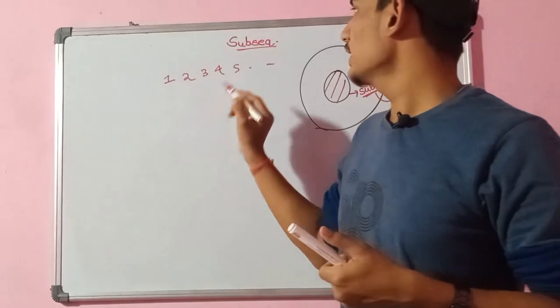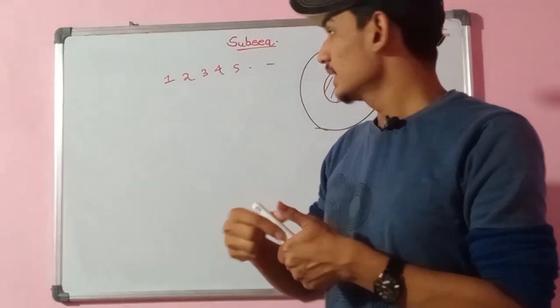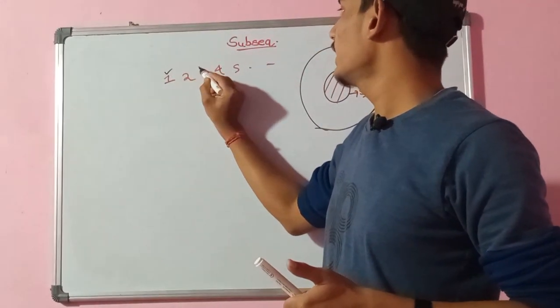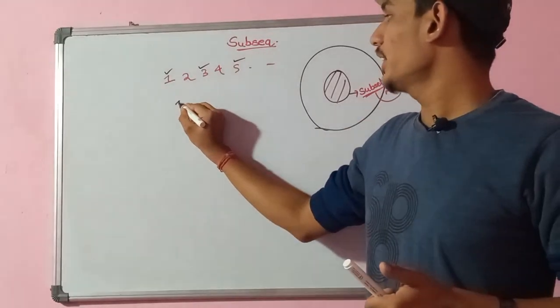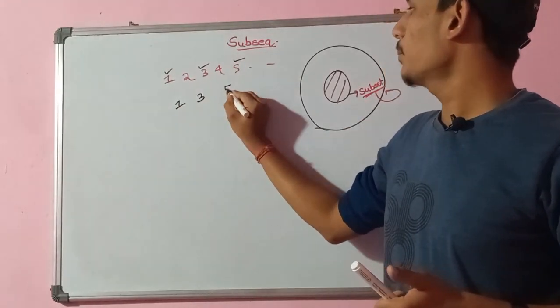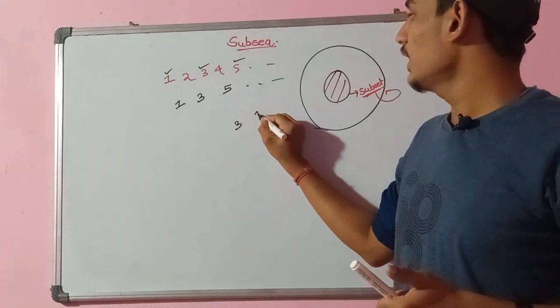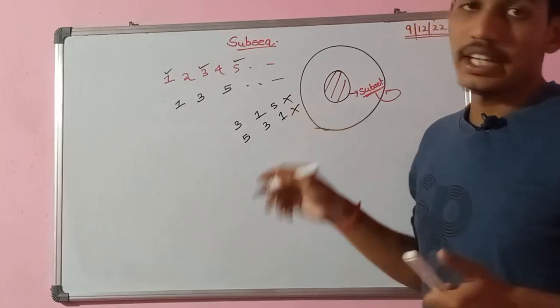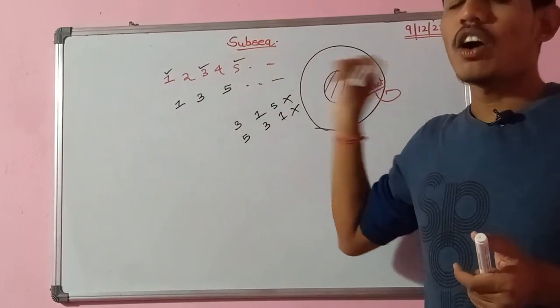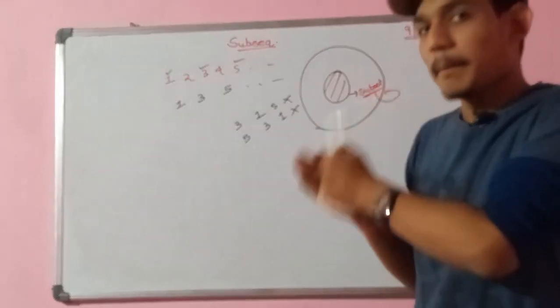If my subsequence contains the three terms 1, 3, 5, then in the subsequence it will remain as 1, 3, 5. You can't write 3, 1, 5. You can't write 5, 3, 1. Understood? In a sequence the order is very much important.